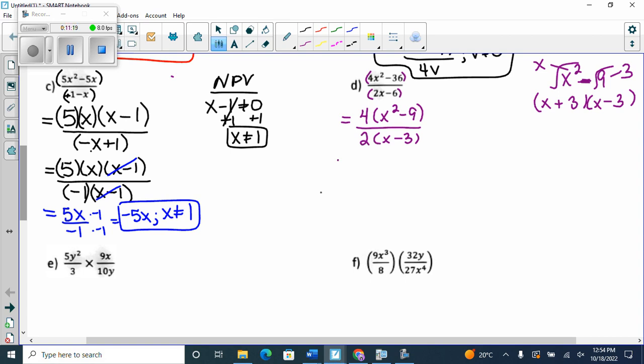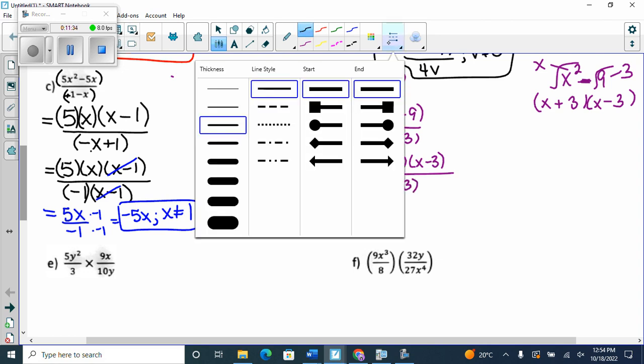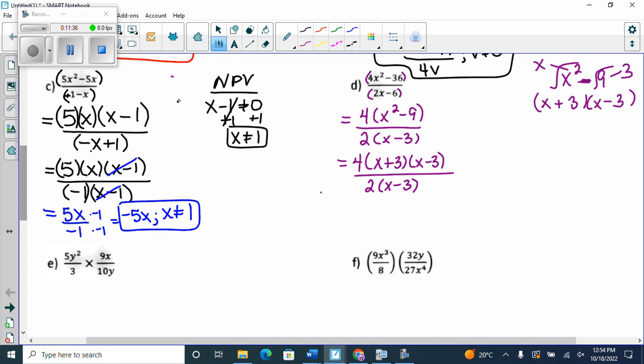So on the top here, we're going to get 4 over x plus 3, x minus 3. And then on the bottom, we're going to get 2 over x minus 3. And then I see that I can cancel things off, but I have to stop myself before I cancel, because I have to make sure that I state NPVs.